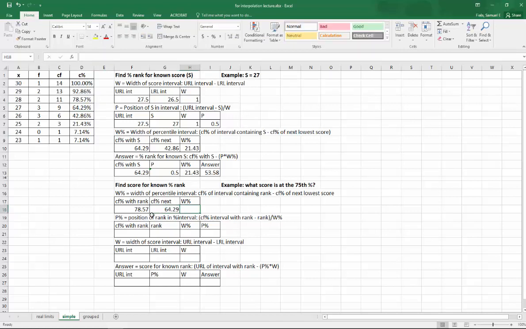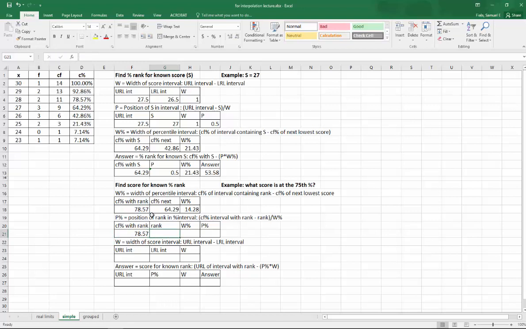Okay. So the width of the percentage interval is equal to, again, one minus the other. 78 minus 64. All right, so just like we did before, we did the width of the interval with scores, now we're doing it with percentages. Then we find the position of the score, now we're finding the position of the rank. So again, the cumulative frequency percentage, where it's at, which we said is somewhere in that 78.57 interval.